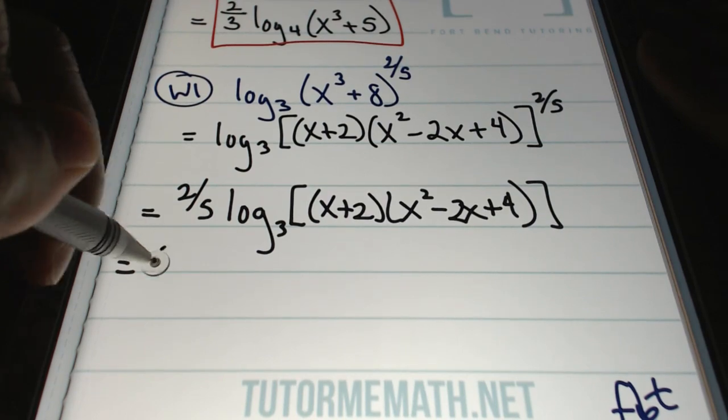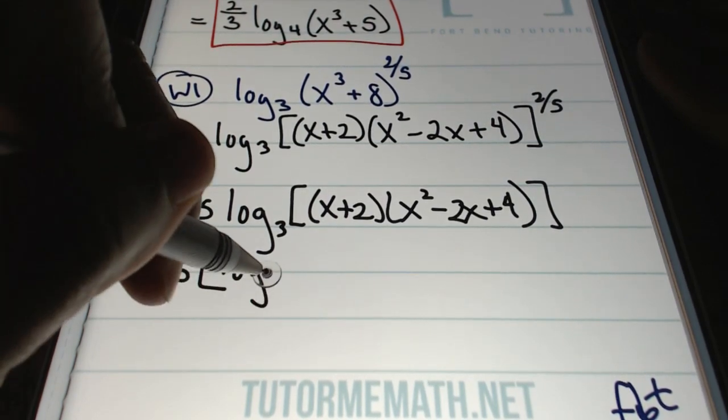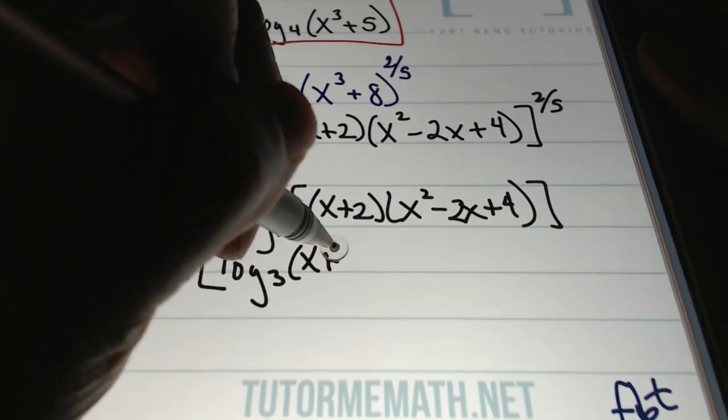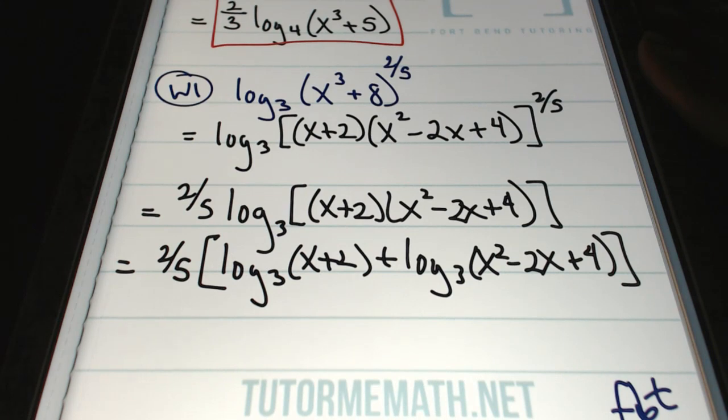And so we can say that we have 2/5 times log base 3 of the quantity x plus 2 plus log base 3 of the quantity x squared minus 2x plus 4. So we're looking like this for right now.